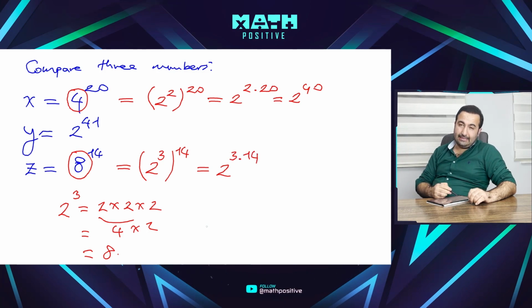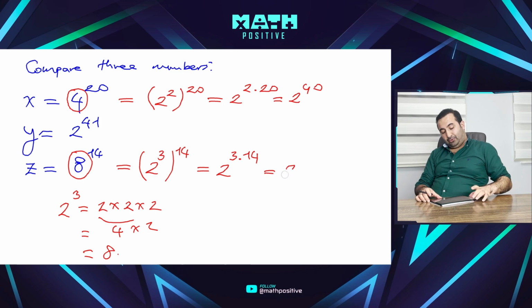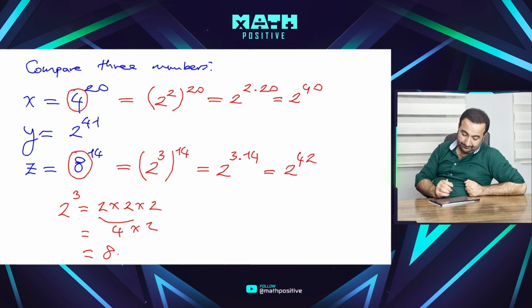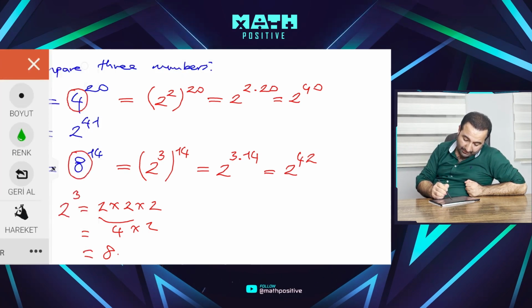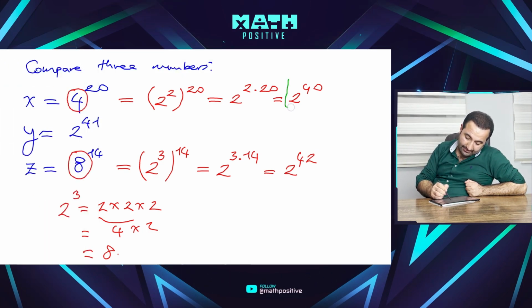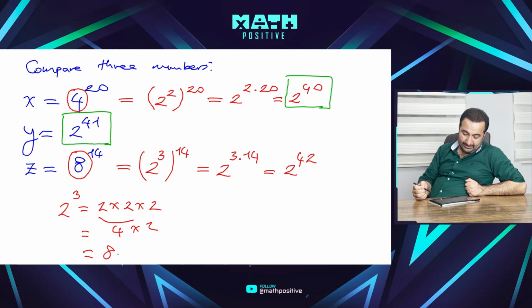So 8 is equal to 2 to the power 3. Then applying the power rule, we see 2 to the power 3 times 14, which is 2 to the power 42.